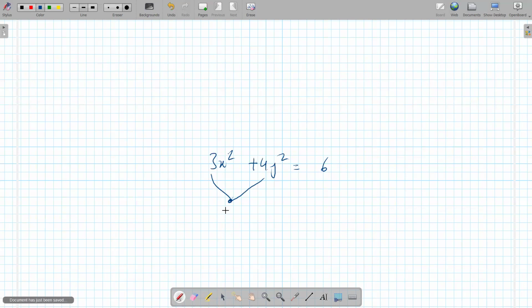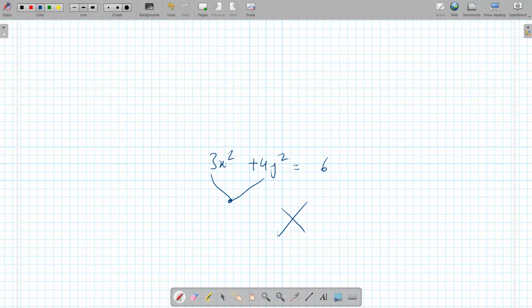For a circle, those two coefficients have to be 1. Or at least they have to be the same, so you can throw it on the other side and make them 1. But here, you can't write it in that form, so this is not a circle. It'll probably be like an ellipse or something like that. For a circle, it has to be 1 and 1 on both sides. Or it could be like a hyperbola or something.